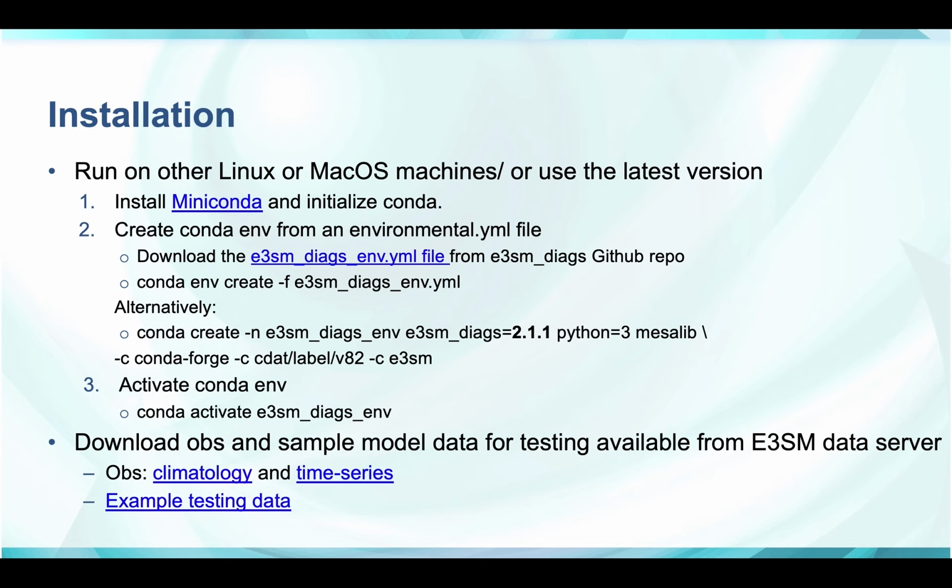The downside is that if any pinned down version of packages is broken on Conda channels, this installation method would fail. Alternatively, one can just create an environment from the E3SM Diagnostics build released to E3SM's Anaconda channel.